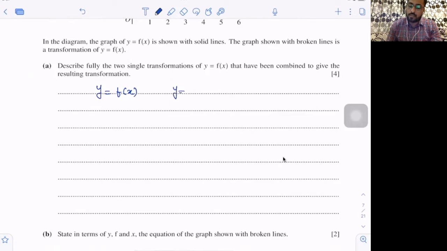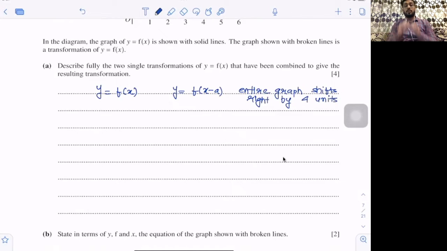So y becomes equal to f of x minus a. So I can write here the entire graph shifts right by 4 units, right?